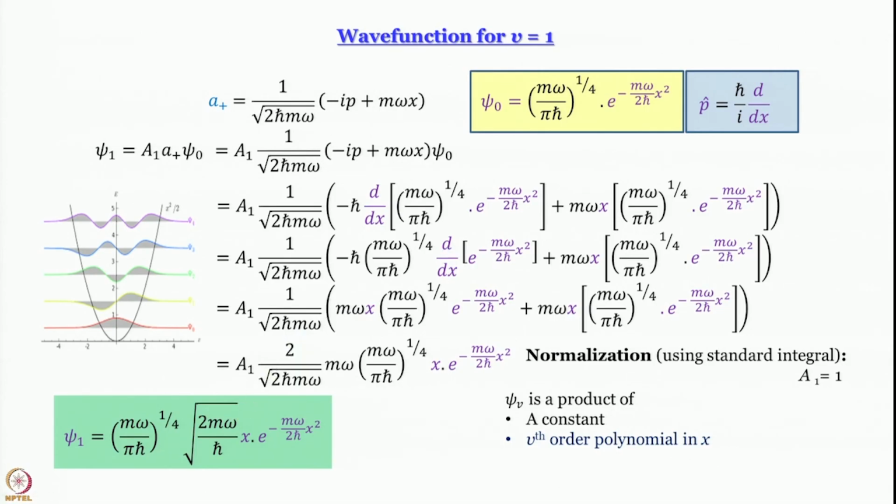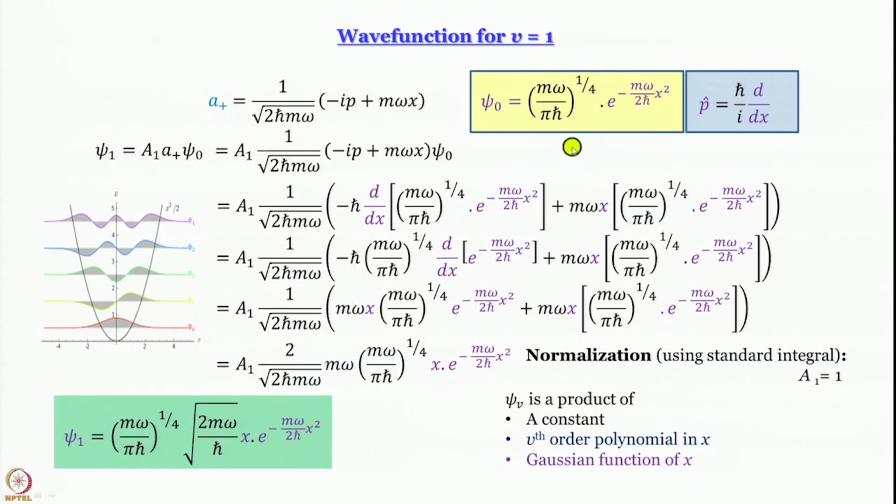And I am saying vth order polynomial already because if you look at psi 0, you see we have this e to the power minus m omega by 2h cross x square in psi 0 as well as psi 1. The Gaussian function is there in both the wave functions, right. Some constant will be there, and the constant will differ from function to function.